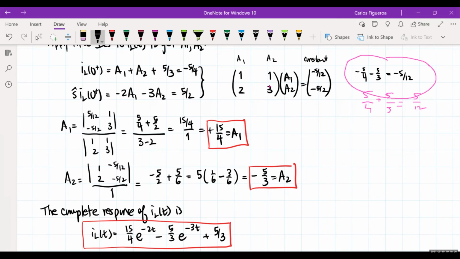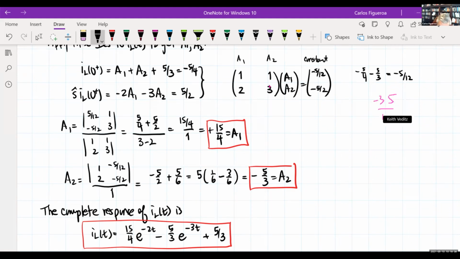Two things that are greater than one ending up as less than one. Yes, so I have a number error. That should be negative 35/12. Yeah. So what did you get for A2? Did anybody calculate A2?